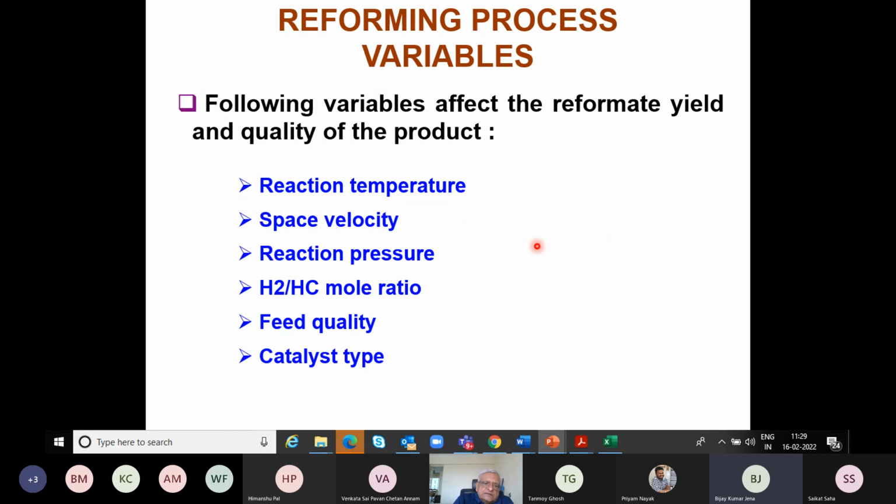Now, having seen that, there are 6 variables in catalytic reforming technology that we need to be aware of. All of these 6 variables are extremely important in order to leverage their advantages in terms of the end product yield and the product property that we want to achieve.